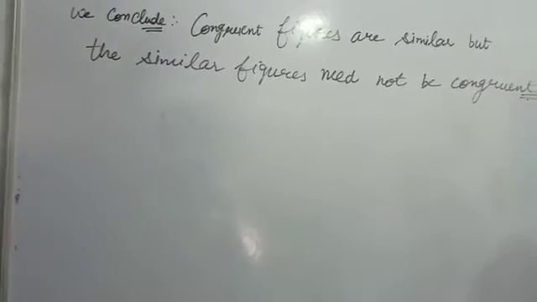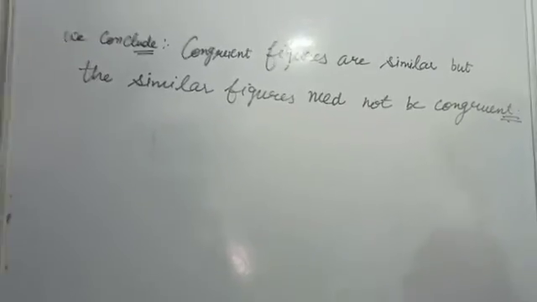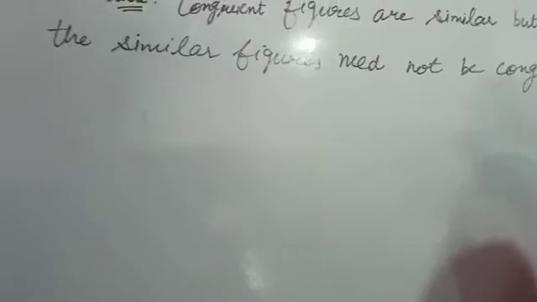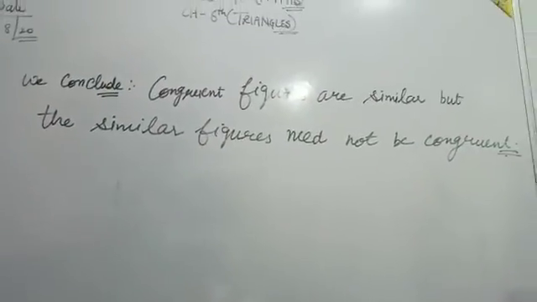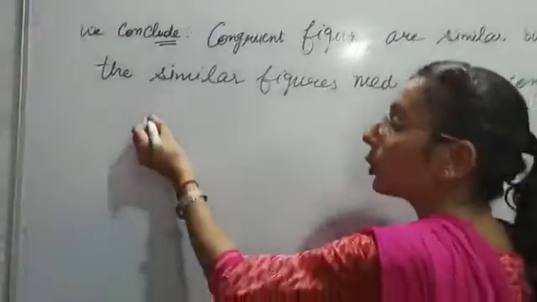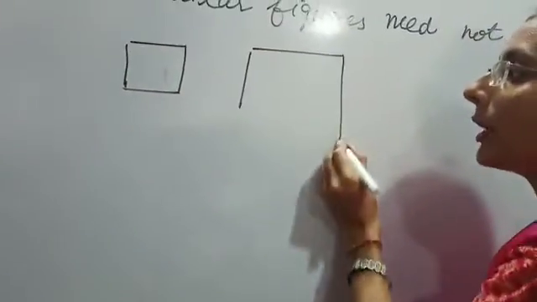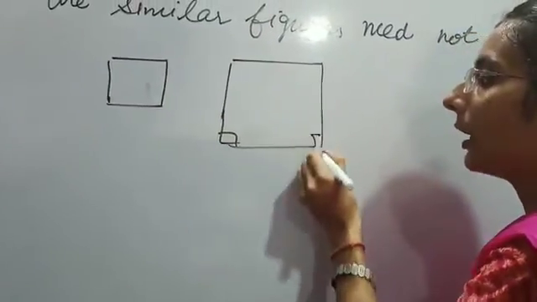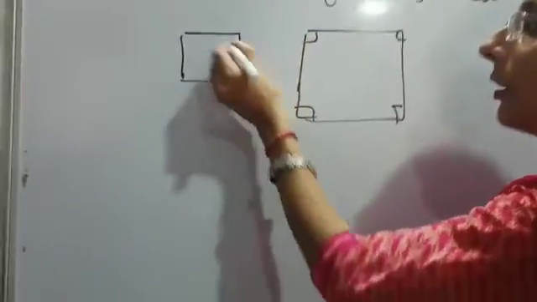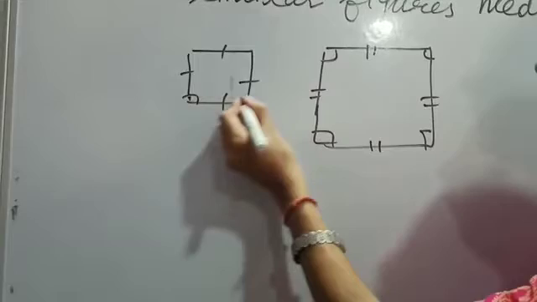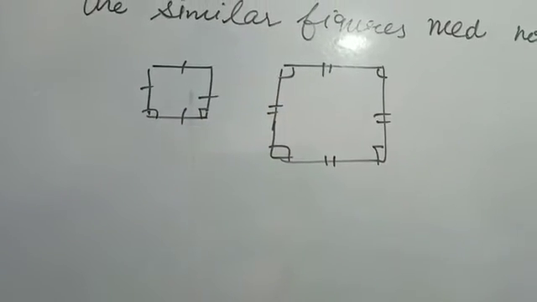As for the two equilateral triangles and two circles we discussed, if we discuss squares, two squares of different size are similar, but not congruent.